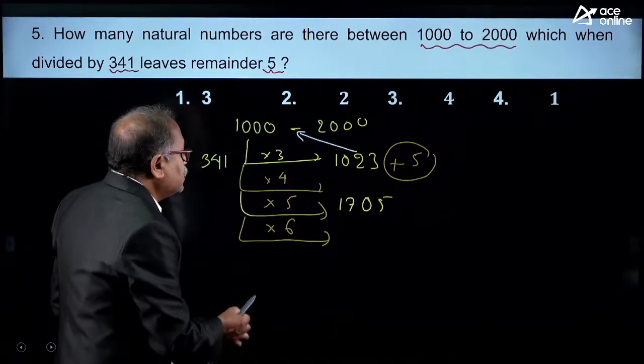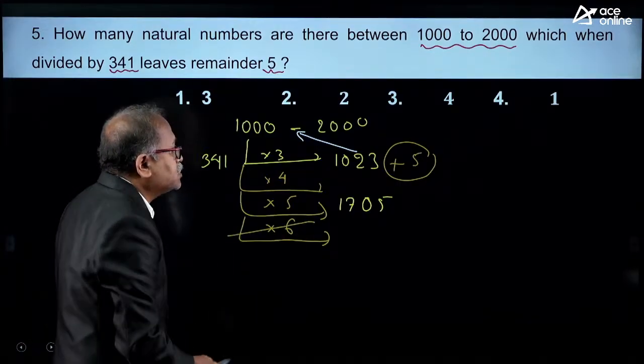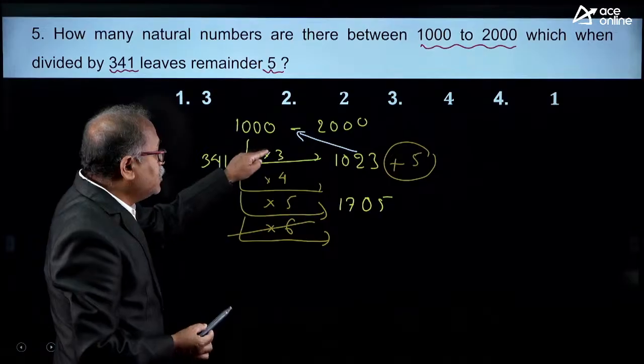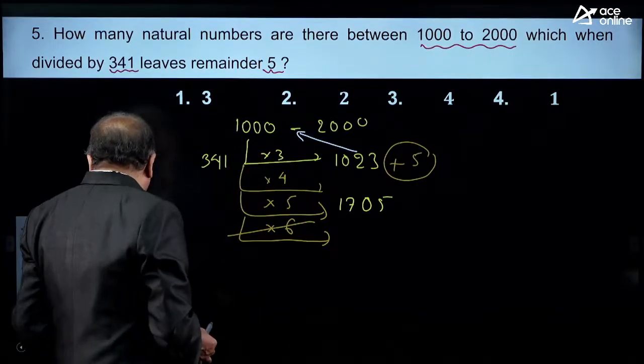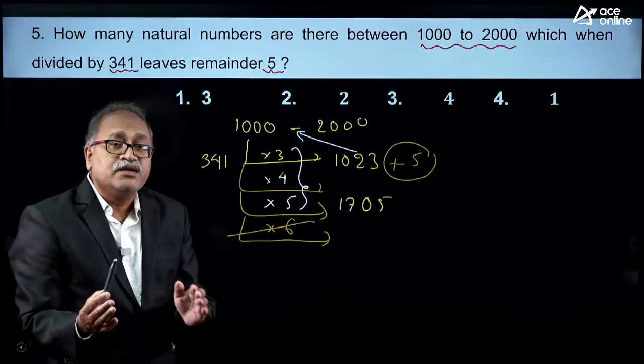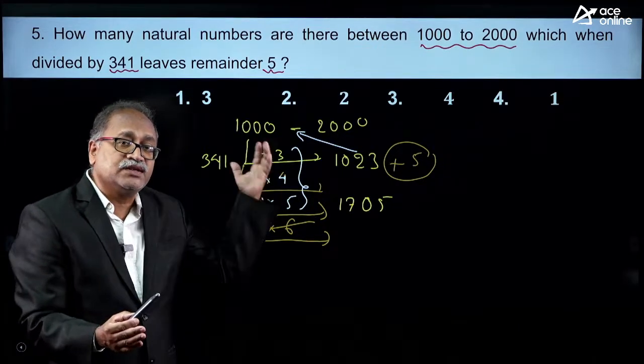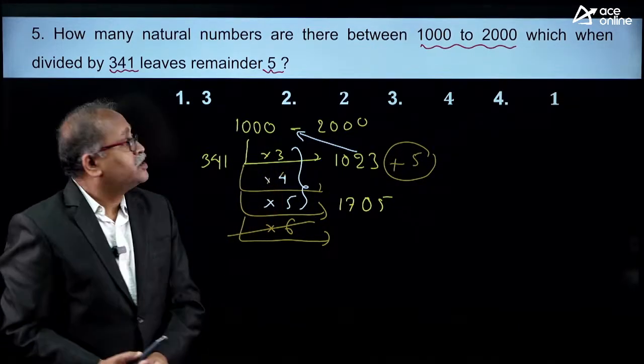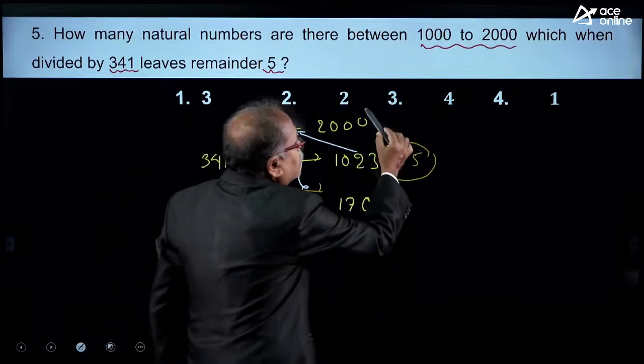Therefore, how many such numbers are there? I will not consider 6. So 3, 4 and 5. Therefore, from here itself I can decide there will be 3 such numbers which satisfy the given question.